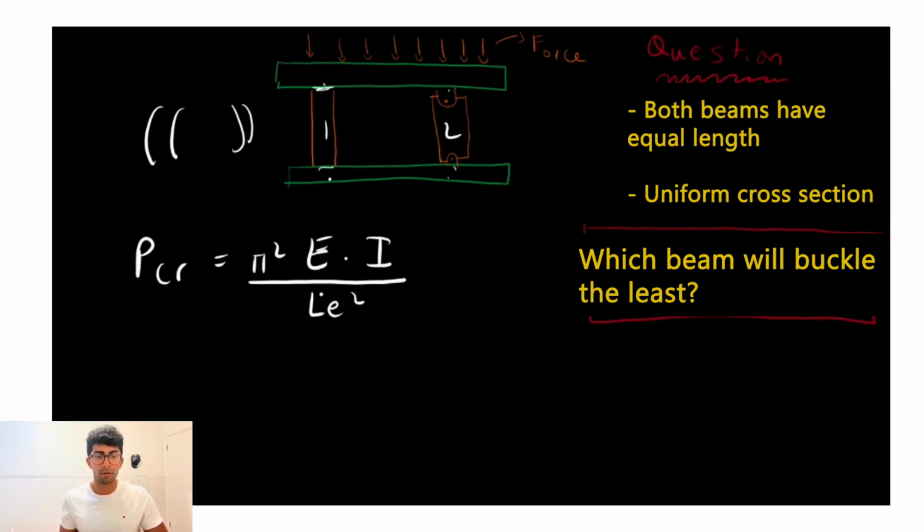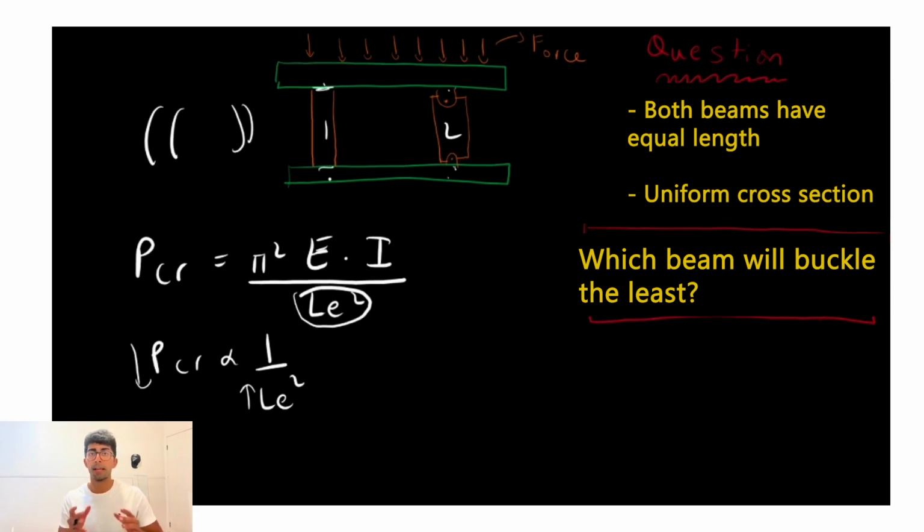So what do we have going on here? The only thing that's different is our LE value. If you look at this, PCR is inversely proportional to our effective length. That's it. The higher the effective length, the lower our PCR value. You've got to figure out what our LE value is for beam 1 and beam 2, and accordingly we make our judgment.